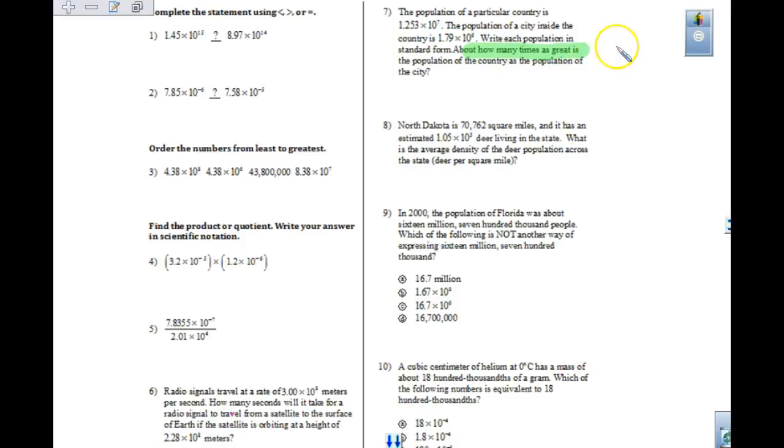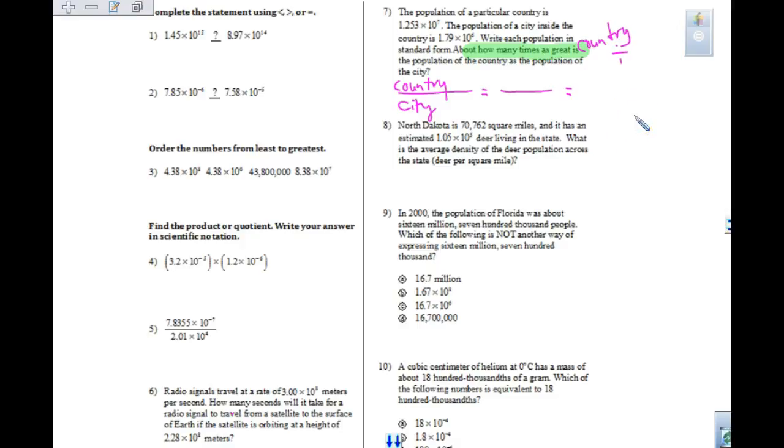And what you want to do is take, in this case, the country. And someone said, oh, so I take country and divide it by cities, and then they wanted to put country here, and then put city down here. And I said, yes. And then you have to put those two numbers in scientific notation, and then you have to do the work. And then you're going to put your answer as you are looking at that, okay?